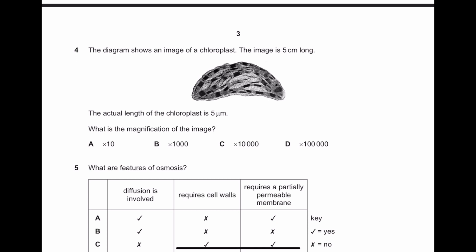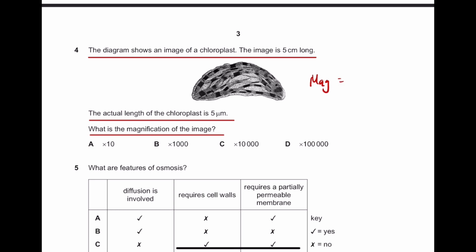Number 4. The diagram shows an image of a chloroplast. The image is 5 centimeters long. The actual length of the chloroplast is 5 micrometers. What is the magnification of the image? In order to calculate magnification, you just have to remember this formula: magnification is image size over actual size.